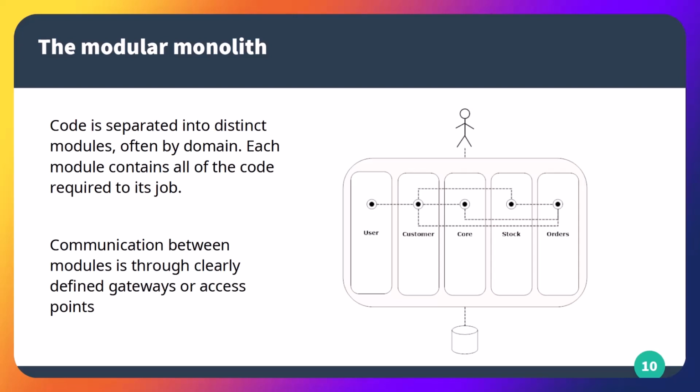Communications between the packages should be through specifically defined gateways or access points, and not just random calls. Enforcing this separation makes the modular monolith much easier to maintain over time, as for example, an update to the customer module should not affect any other module in the application.